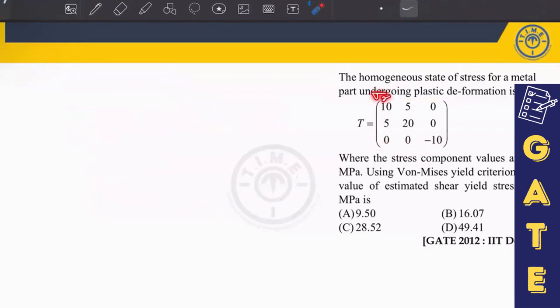These are sigma x, tau xy and tau xz. All these diagonal elements are the normal stresses and these are the shear stresses. Again you have to use the von Mises yield criteria, so you have to calculate the yield shear strength.